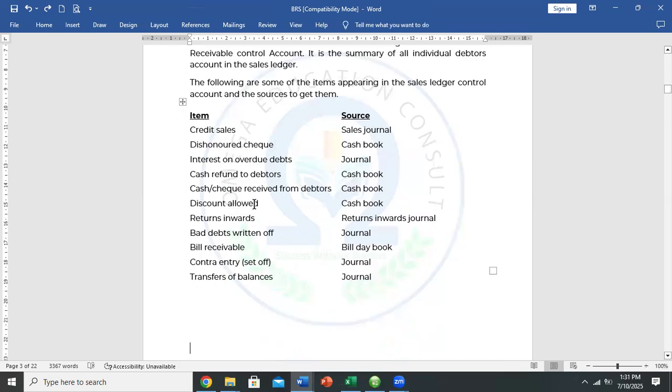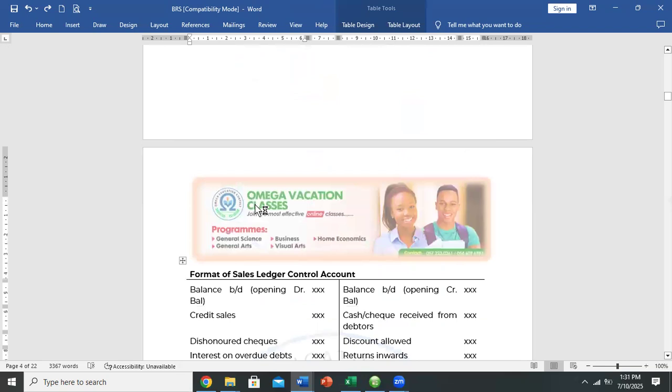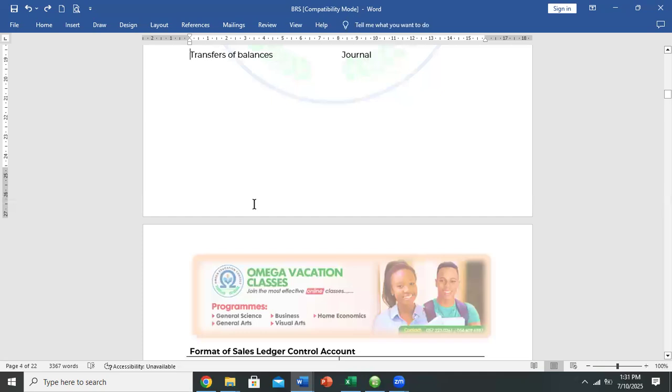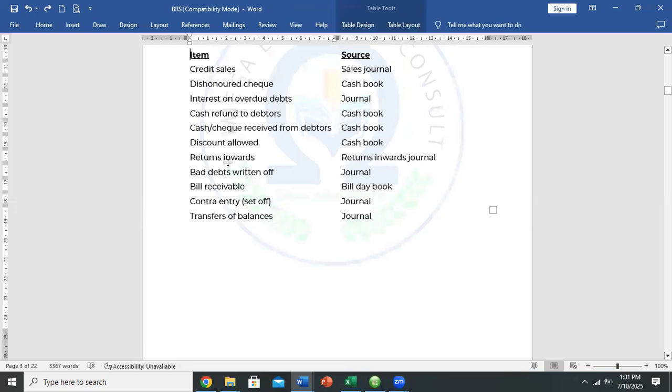Is there any question up to this point? Any question? No question. So now what is left is for us to know the format of the sales ledger control account. Before we look at the format, professors, I want to make this valid point, and please listen carefully. All these items that we have listed here, you would all agree with me that each of them either increases the debtors balance or decreases the debtors balance.